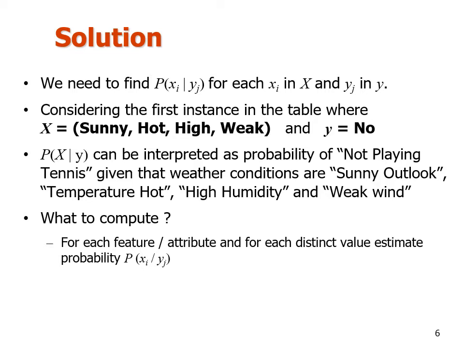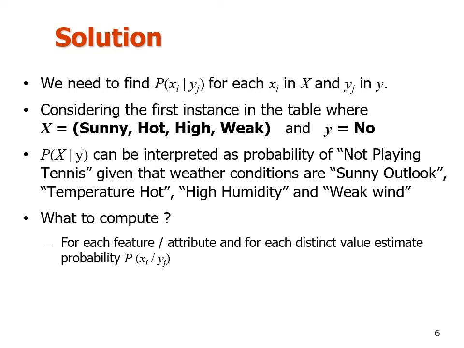And what does this mean? This means that if my feature, say for example outlook is one of the features, so for outlook we are having 3 distinct values: sunny, overcast and rainy.